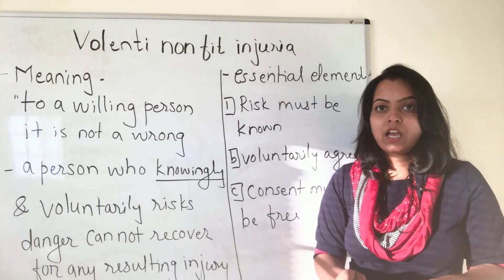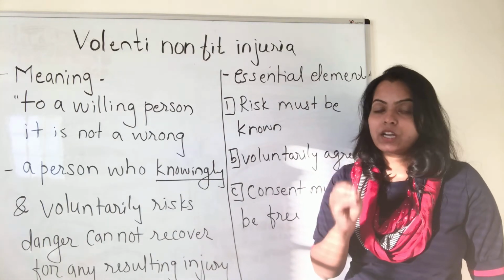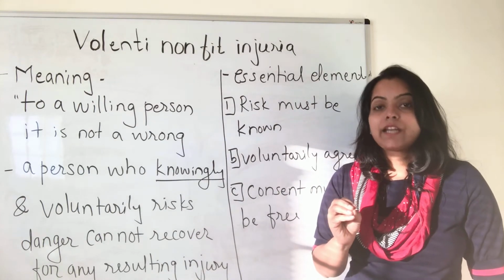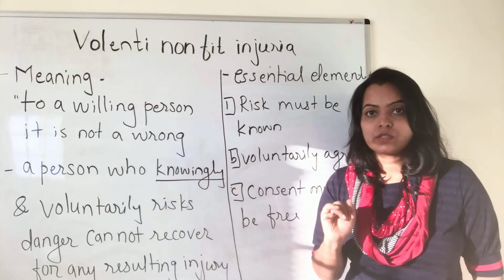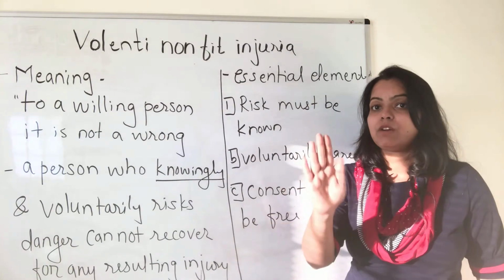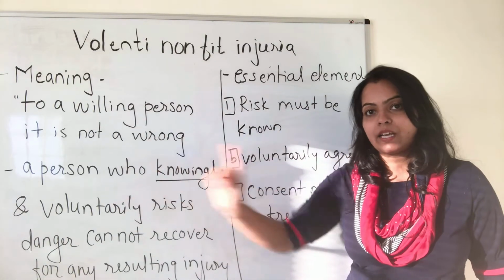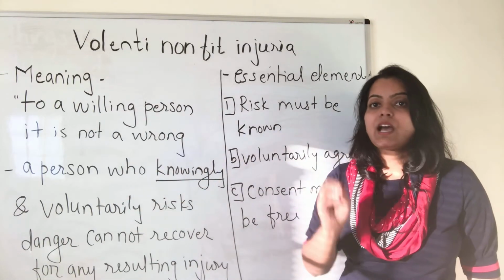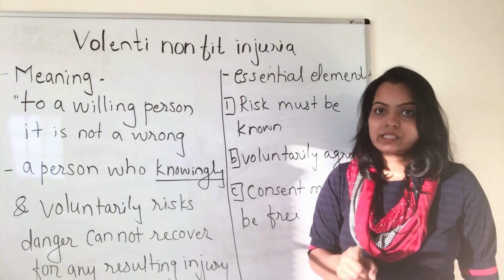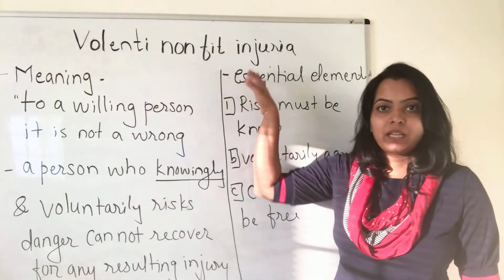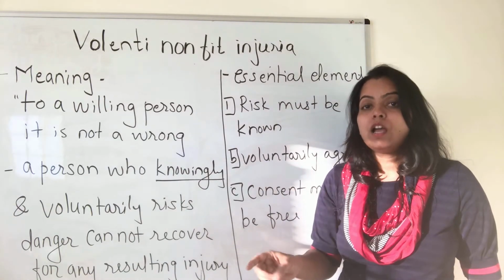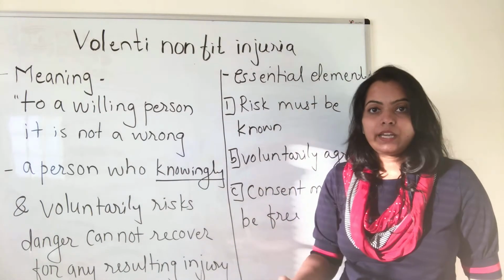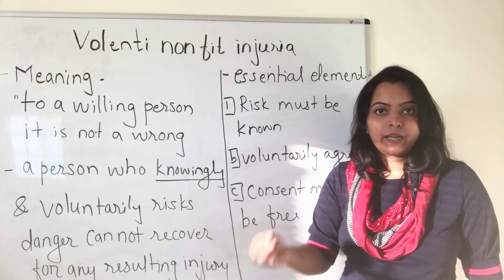In this case, you agreed to the condition, right, that harm might happen to you because there was a warning written in front of the house: enter at your risk and beware of dogs. And still you enter that house. It means you know that harm might happen to you. In this case, this maxim is applicable: you cannot get any compensation from the dog owner because you agreed to the terms of entering the house.